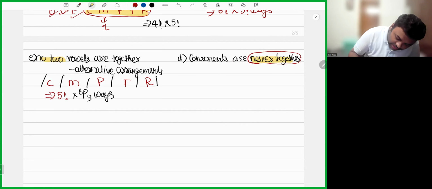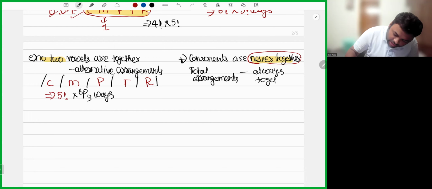Whenever he is telling never together, you'll do total arrangements minus always together.